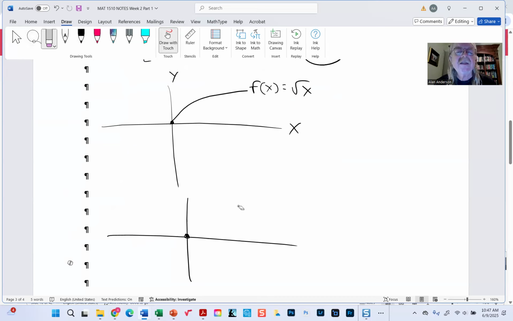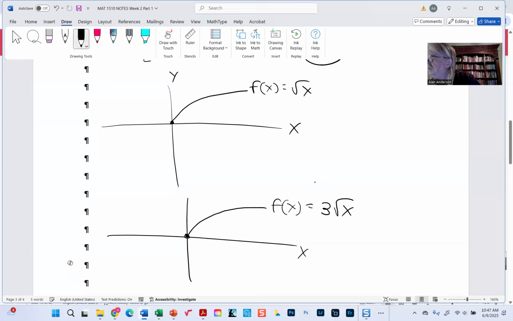Let me try that again. That's not too bad. So in other words, it's the same thing except multiplied by 3. And so what we're aiming for is the area between 1 and 4. Just solve that, equal 14.